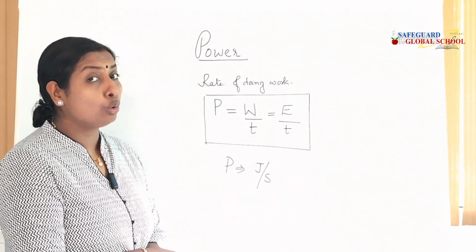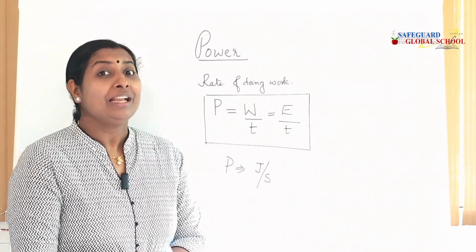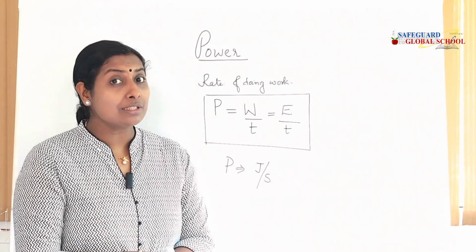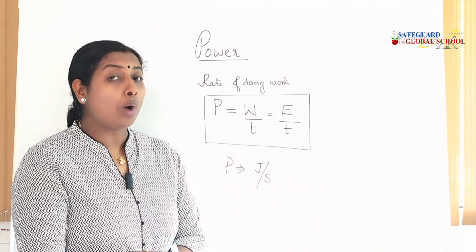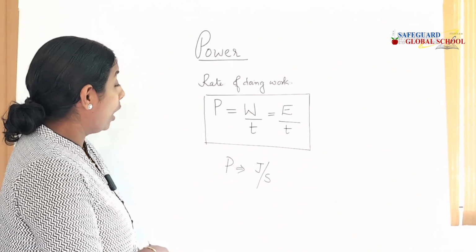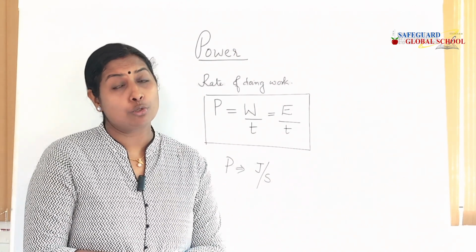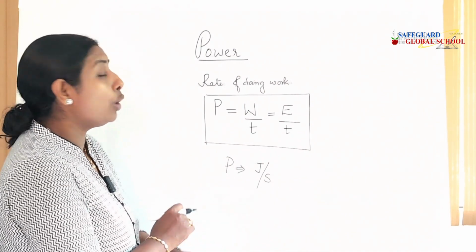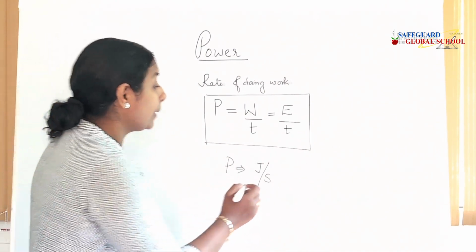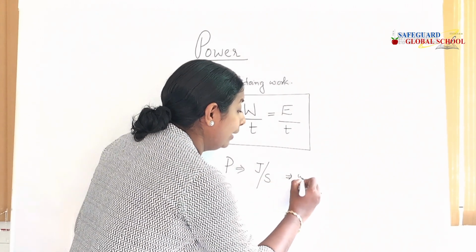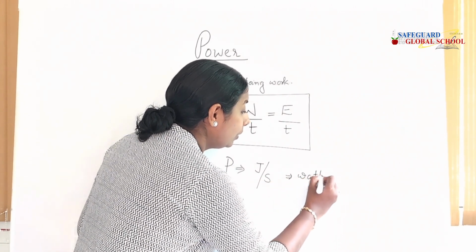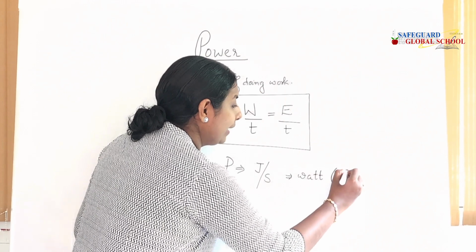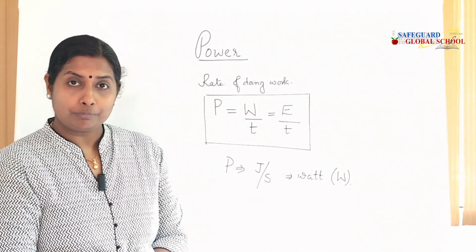It will be joule per second. You know, there is a scientist called James Watt who had carried out a lot of experiments on the basis of energy conversions. So in order to honor him, this joule per second is called watt. That is abbreviated as W.